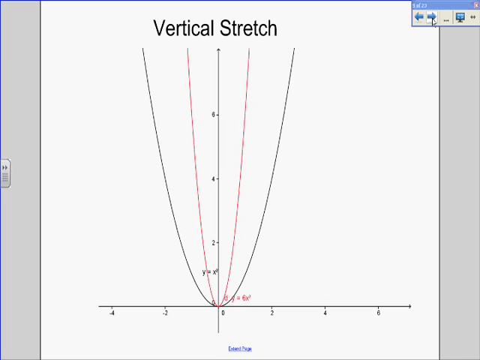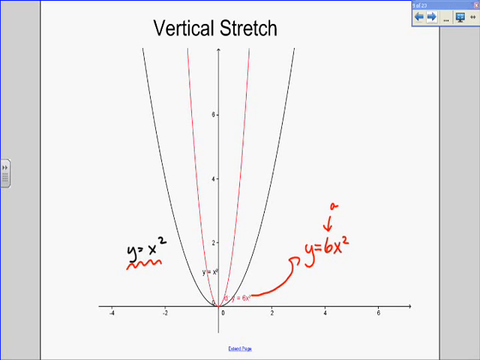So we'll start with our vertical stretch. It's probably going to be kind of hard to see, so I'll write this a little bit bigger. This is y is equal to 6x squared. And this one in black here is y is equal to x squared. So we can see that this is our very basic function, y is equal to x squared, and this value A is 6.